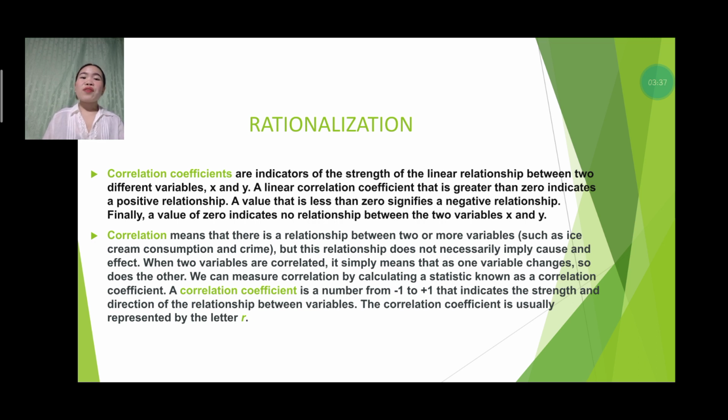A correlation coefficient is a number from -1 to +1 that indicates the strength and direction of the relationship between variables. The correlation coefficient is usually represented by the letter R or the small letter r. So that is correlation coefficients.